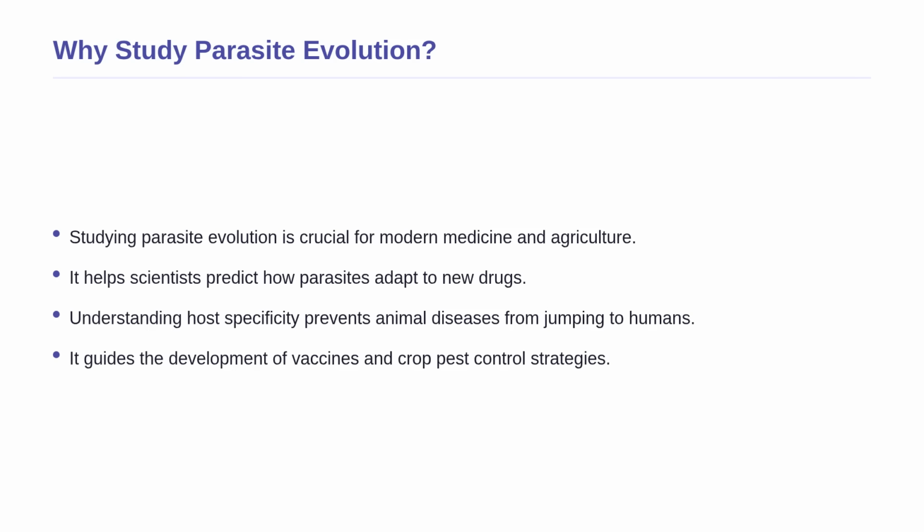This helps us stay one step ahead of drug-resistant diseases like malaria. It also explains why certain parasites only infect specific hosts, which is vital information when trying to prevent animal diseases from jumping to humans. Without this knowledge, we would be completely blind when developing vaccines or designing pest control strategies.